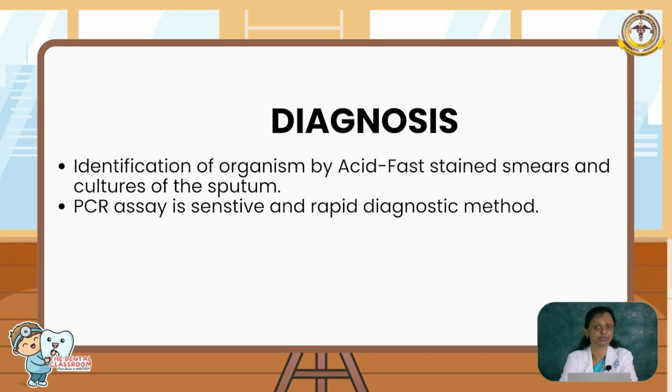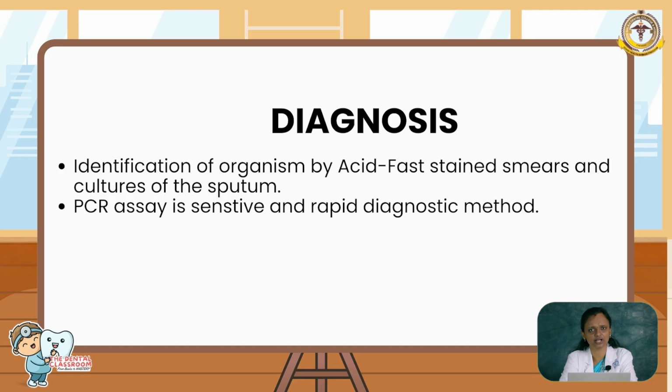Diagnosis: how will you confirm the diagnosis? Even though the clinical history, symptoms and examination are very classical and lead to the diagnosis of tuberculosis, you have to confirm the diagnosis by identifying the organism. This identification can be done by acid-fast stain smears taken from the sputum, or by cultures.